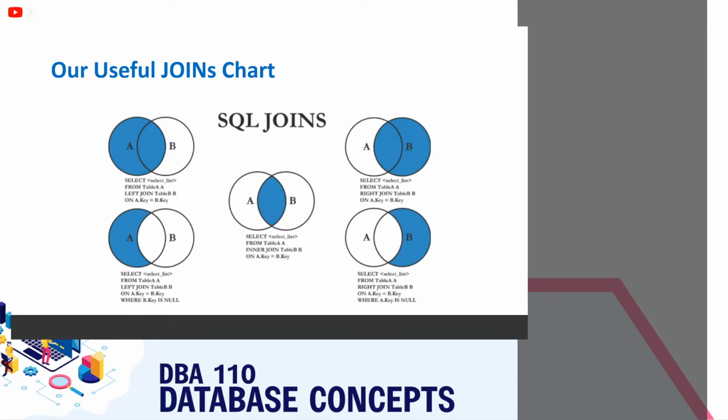So these are our other joins, and this is how we use them. We can see our examples of our left joins, our right joins, our inner joins, which is our default there.